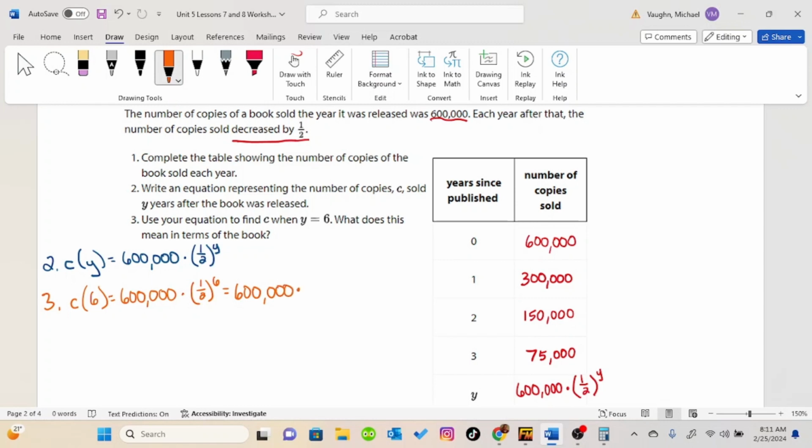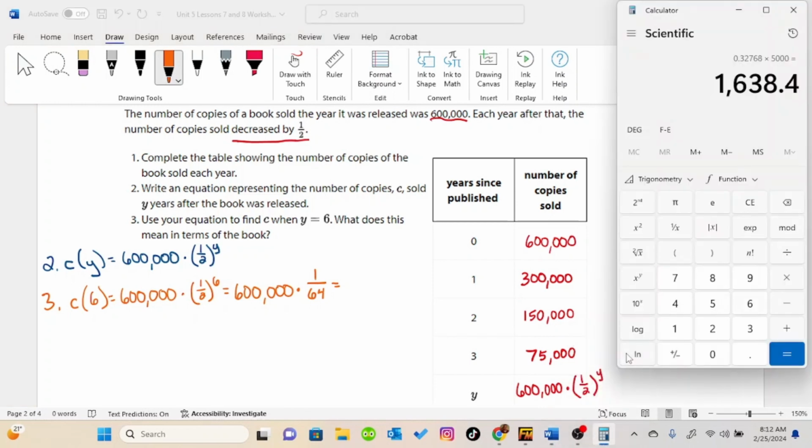For 1/2 to the power of 6, we would think 2 to the power of 6 is 2, 4, 8, 16, 32, 64. So that would be 1 over 64. So that would be 600,000 divided by 64 equals 9,375.